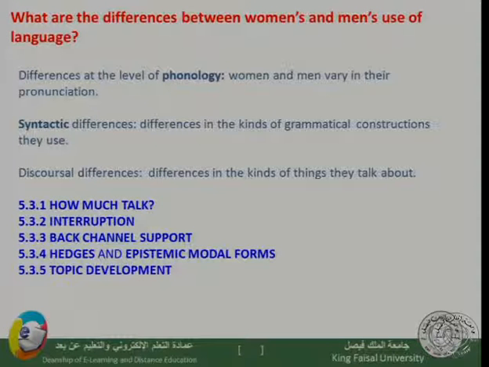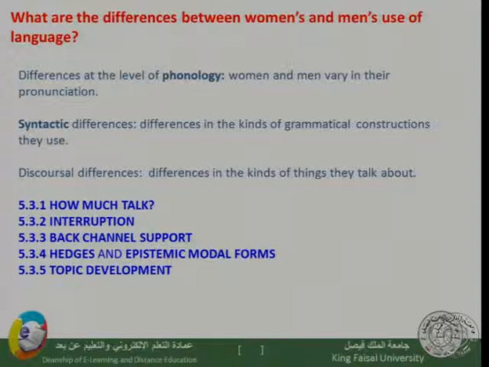So, what are the differences between women's and men's use of language? Is there a difference in the way men and women talk? We have differences at the level of phonology, differences at the level of syntax, and differences at the level of discourse. So yes, there is a difference.